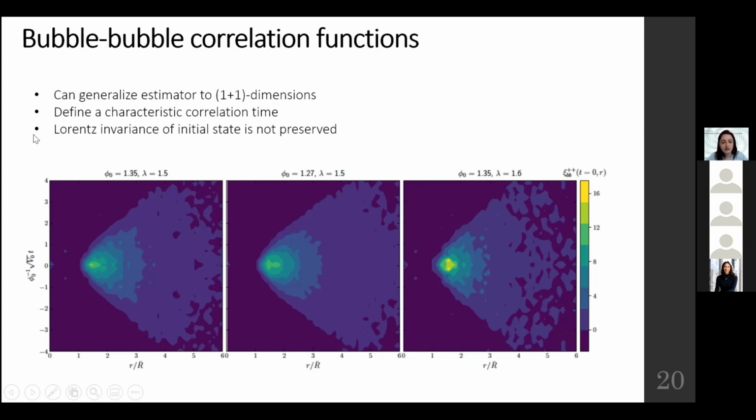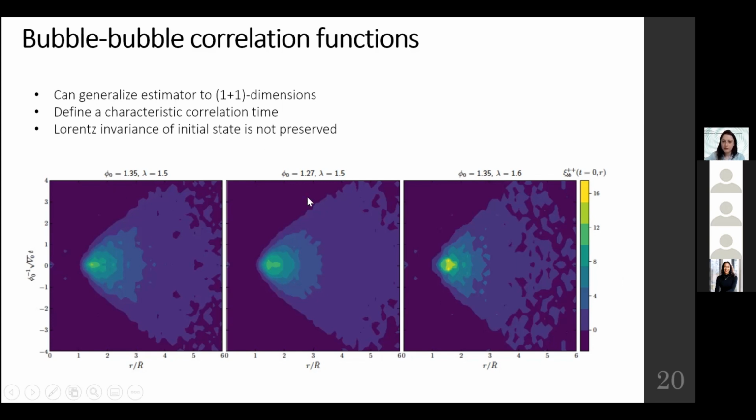What is noteworthy here is that while the initial state, the vacuum state, is Lorentz invariant, it's a relativistic field, our two-point correlation does not preserve that Lorentz invariance, and this has to do with, of course, the fact that our detectors work in the lab frame.